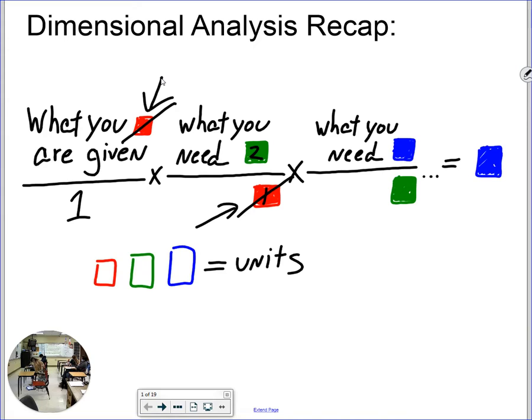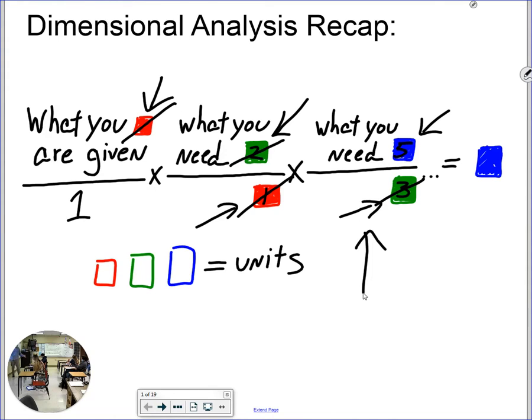Well then, I know that for every 3 greens, I can make 5 blues. And so in my next step, since I had green on top here, I can put green on the bottom there. That way when they're all multiplied out, I can cancel green units. And what I'm left with are these blue units that I'm trying to get to.